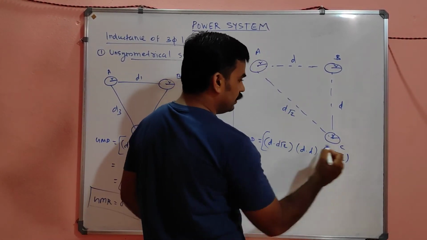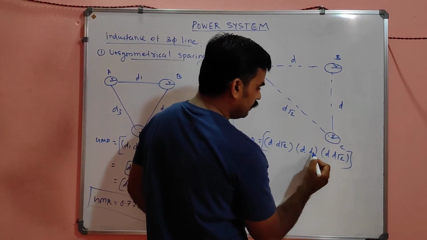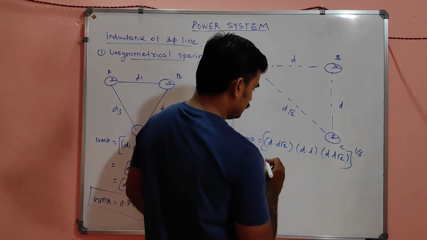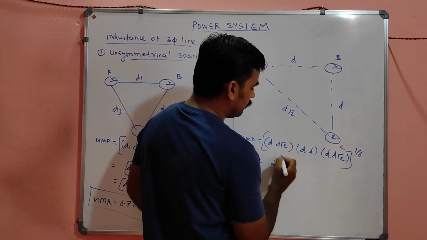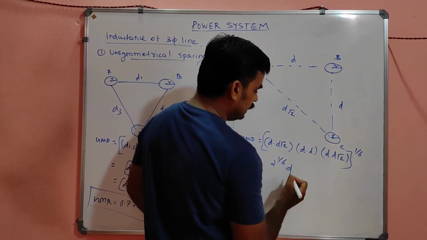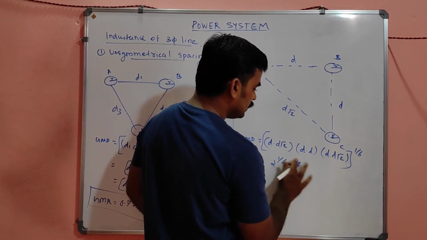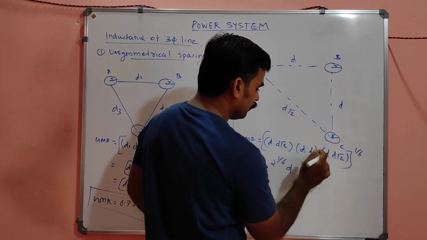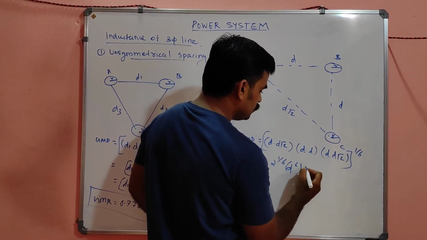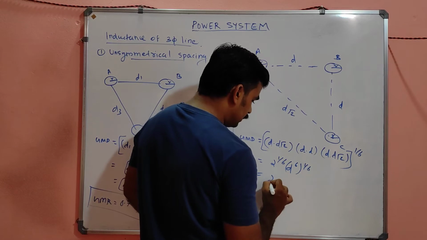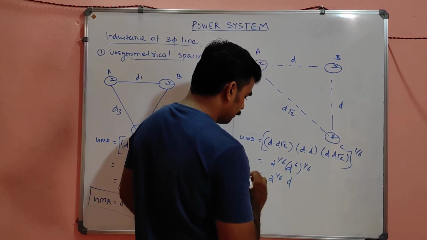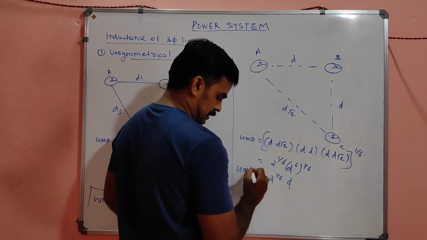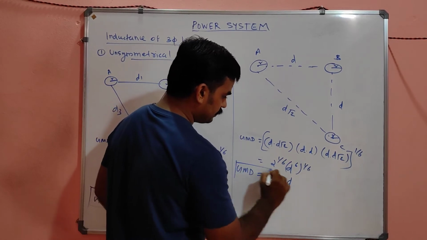How many terms are there, my dear? 1, 2, 3, 4, 5, 6, so whole raised to 1 by 6. So it will become 2 raised to 1 by 6 into D. That is GMD.